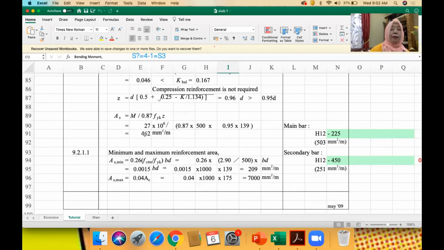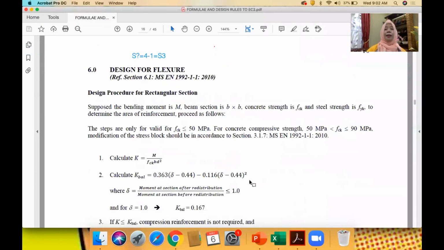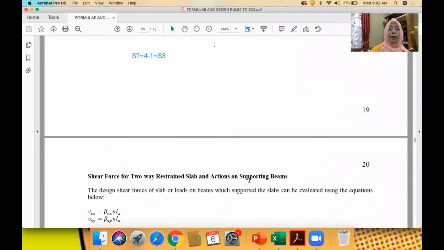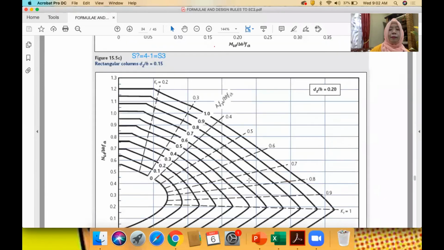Therefore, what you got here, 462, is in between. Therefore, our steel that we will provide will be based on this value. So let's go to see what is the number of steel that we provide.